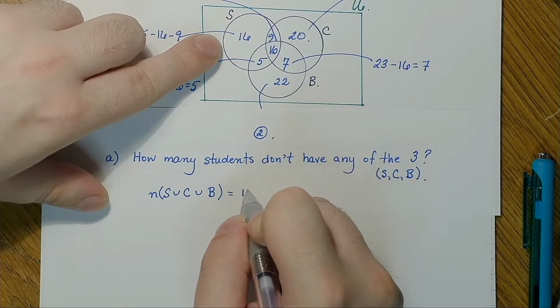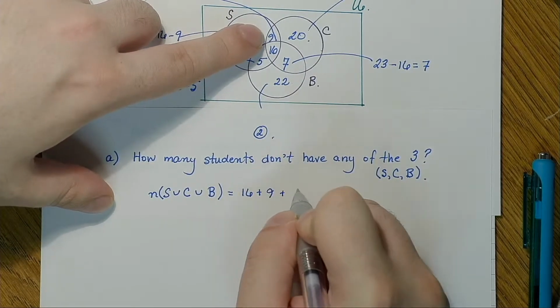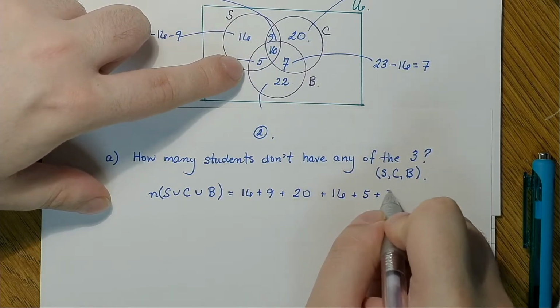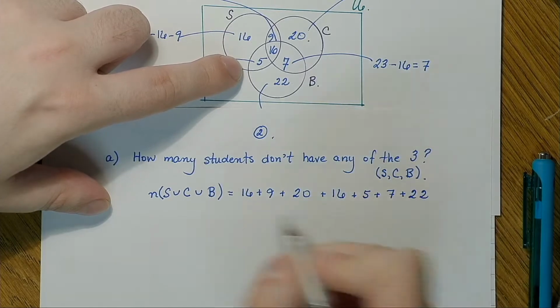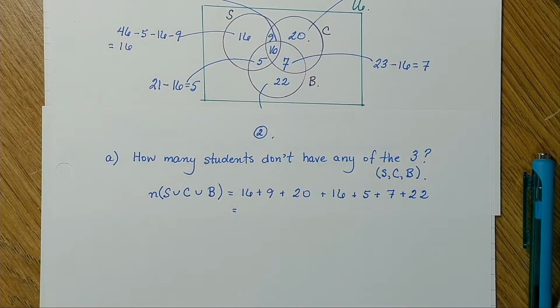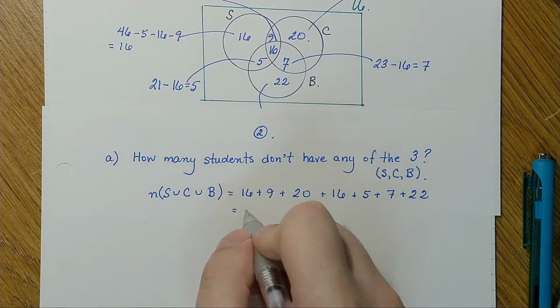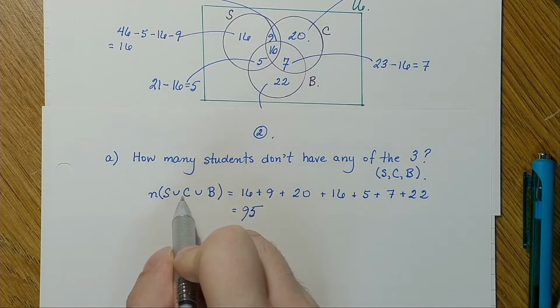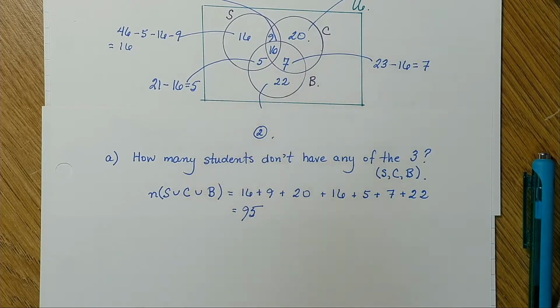So I have 16 plus 9 plus 20 plus 16 plus 5 plus 7 plus 22. Okay. So the 16 plus 9, that gives you the 25, plus the 20 gives you 45, plus the 16 gives you 61, plus 5 gives you 66, plus 7 gives you 73, and then another 22, that gives you 95 students that have a satellite or a CD or a port.